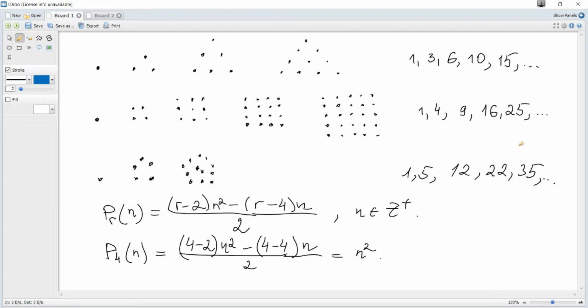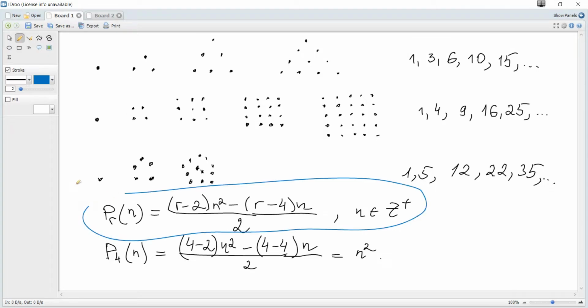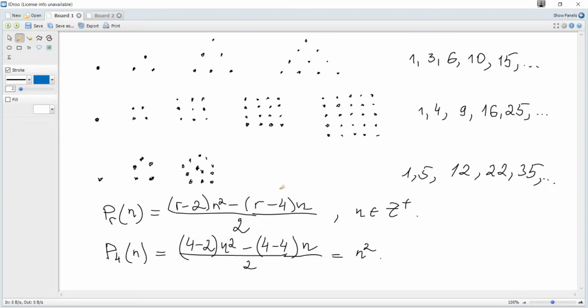And it is also given that for an r-sided regular polygon, where r is a positive integer, r is greater than or equal to 3, the nth polygonal number P_r of n is given by this formula, where n is a positive integer. And hence, for example, for square numbers, P4, because for square numbers r is 4.